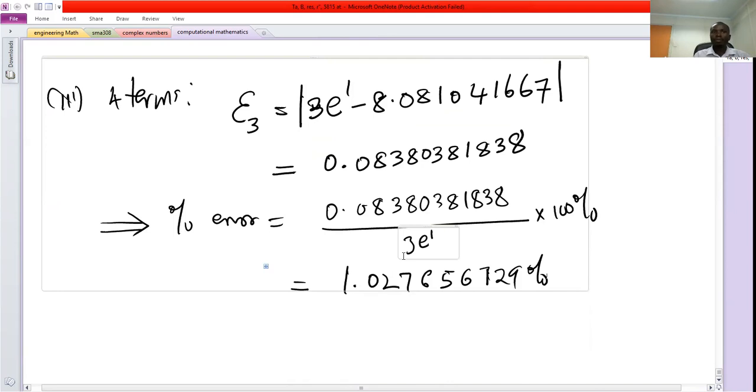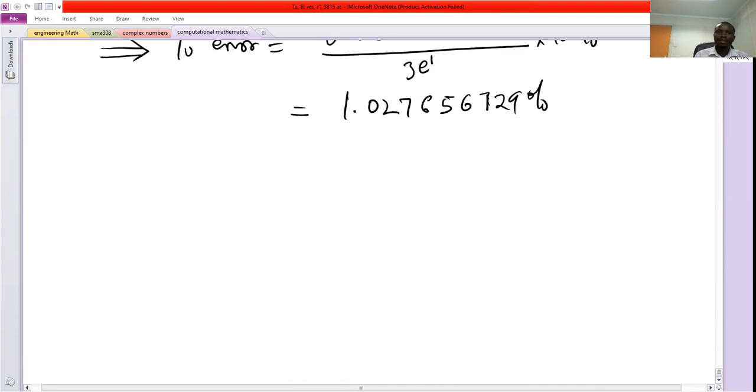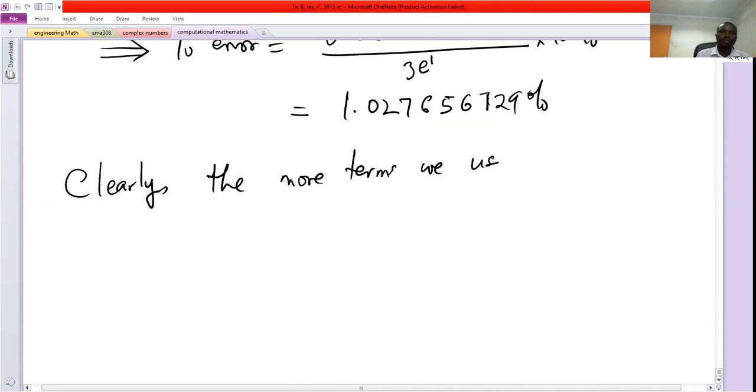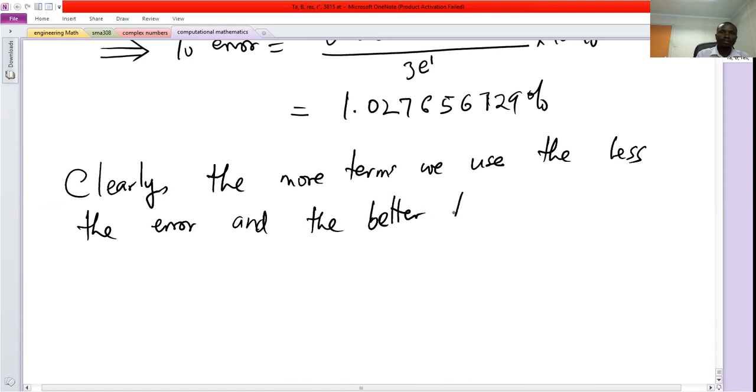So from these 3 results, we clearly see that the more terms we use, the less the error, and the better the approximation.